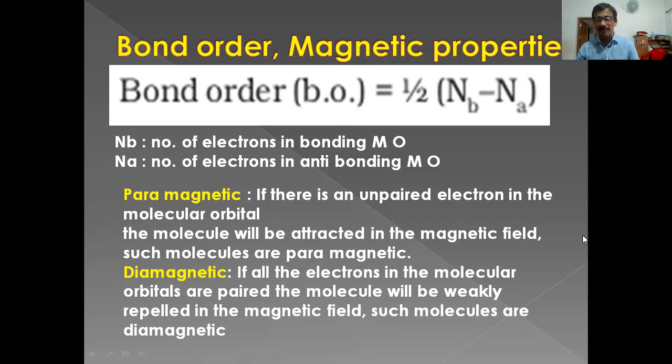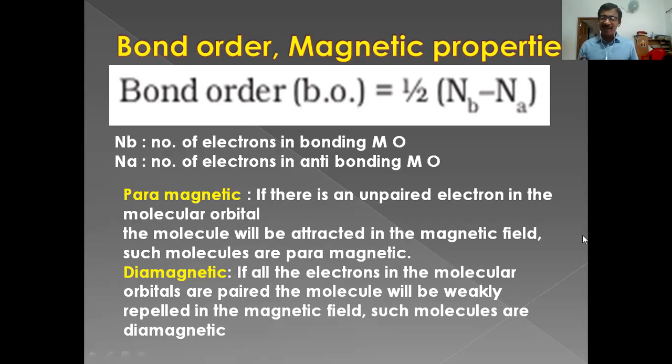And what is paramagnetic property? The substance will be slightly attracted in the magnetic field, or it will act as a magnet in the presence of an external magnetic field. So in a paramagnetic substance, there will be an unpaired electron in the molecular orbital, and the molecule will be attracted in the magnetic field.